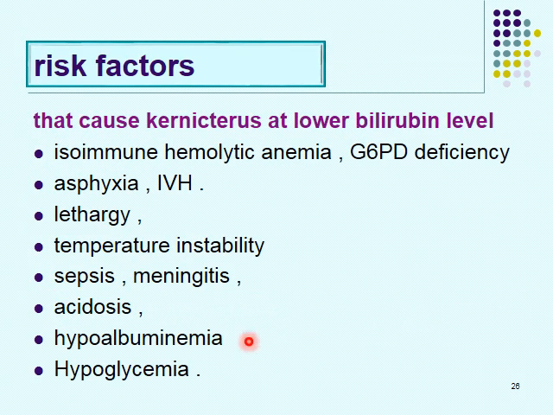These risk factors include isoimmune hemolytic anemia, G6PD deficiency, asphyxia, intraventricular hemorrhage, lethargy, temperature instability, sepsis, acidosis, hypoalbuminemia, hypoglycemia, and so on.